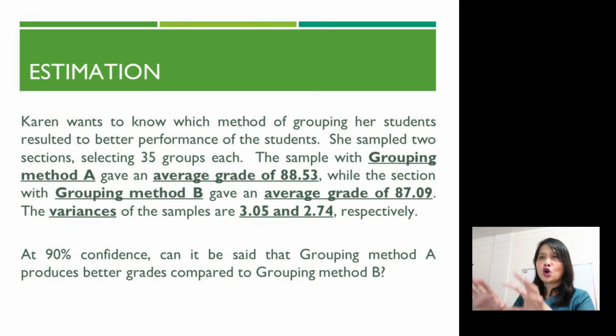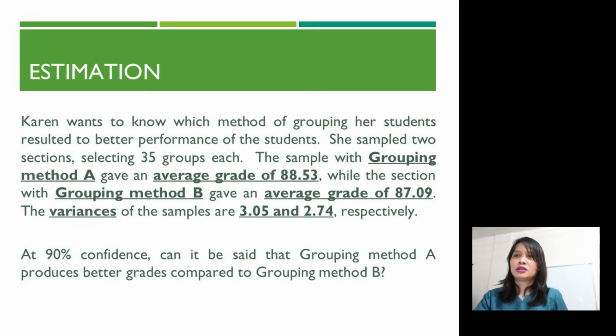Based on the result that we have, are you 90% confident that A produces better grades than B? Any insights? Who produced better, is it group A or group B?